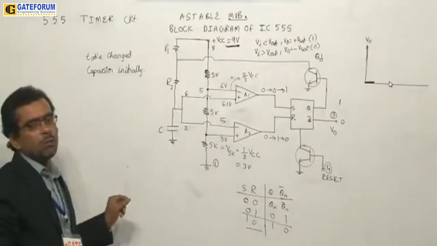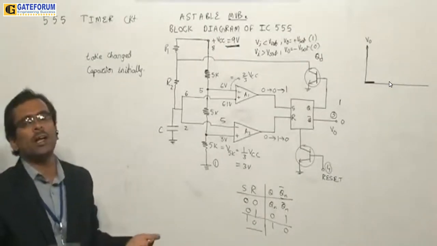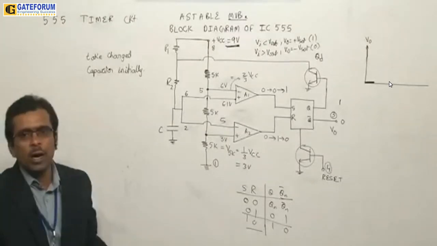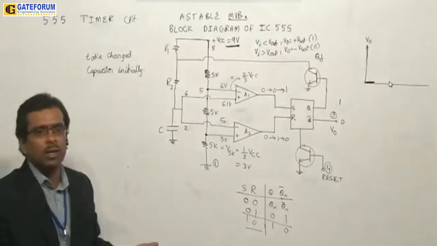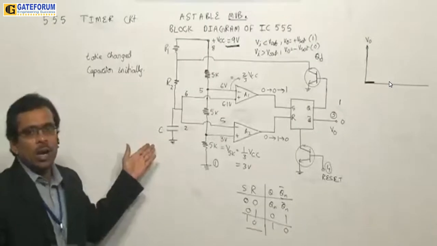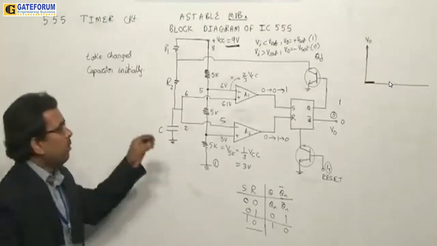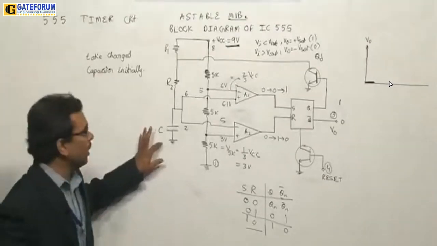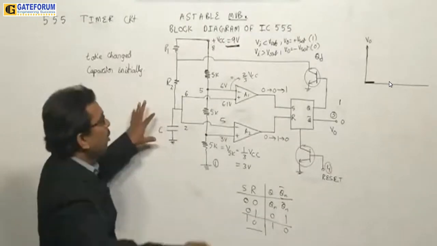First you have to charge, then only the circuit will start. Because in an oscillator we don't give input and we get output. This is the oscillator circuit now. We don't give input and we try to get the output. If that is the case, an initial start must be given in an oscillator. For that we need to take a charged capacitor. If you take a charged capacitor, the capacitor is already charged.